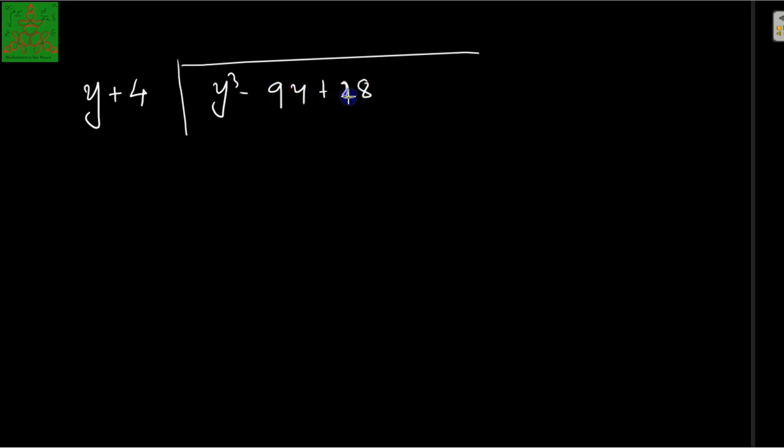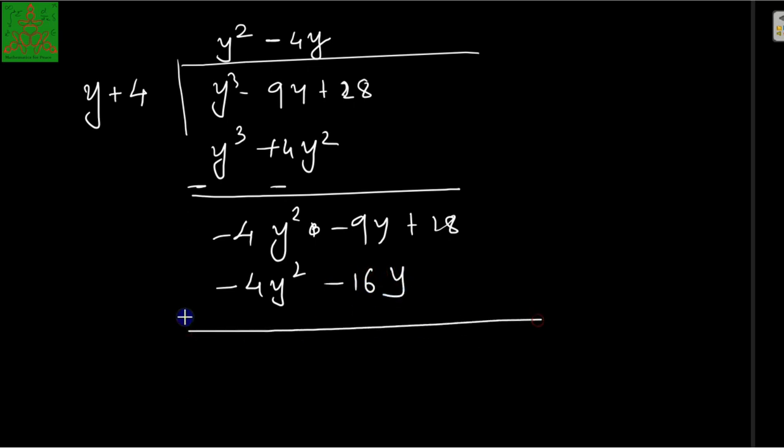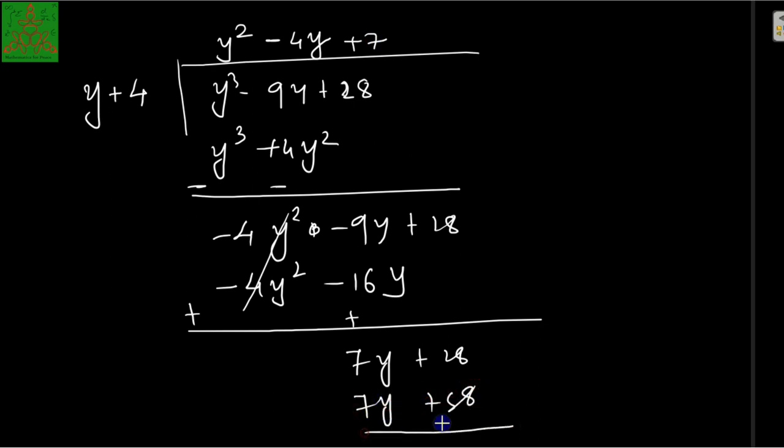Ultimately we have to calculate the other roots. So if you multiply by y square, this will be y cube plus 4y square, and if I subtract, this is minus 4y square minus 9y plus 28, and if I multiply by minus 4y, then this is minus 4y square minus 16y. So subtracting, this cancels out, and this is 7y plus 28, and if I multiply by 7, then this is 7y plus 28, and if I subtract, this will be 0.